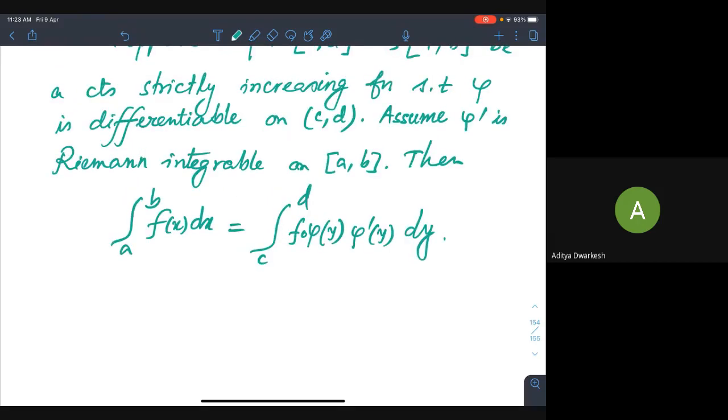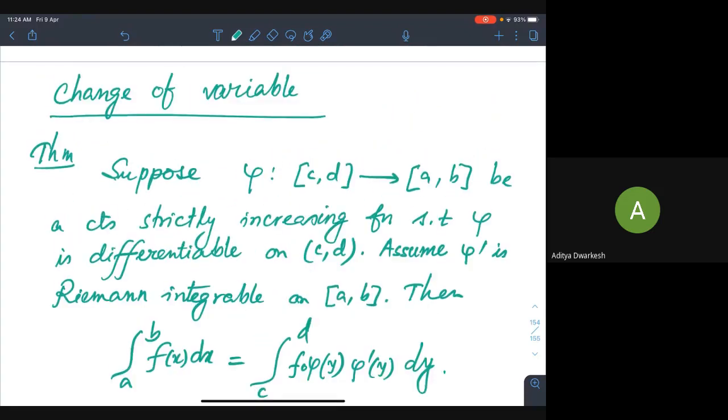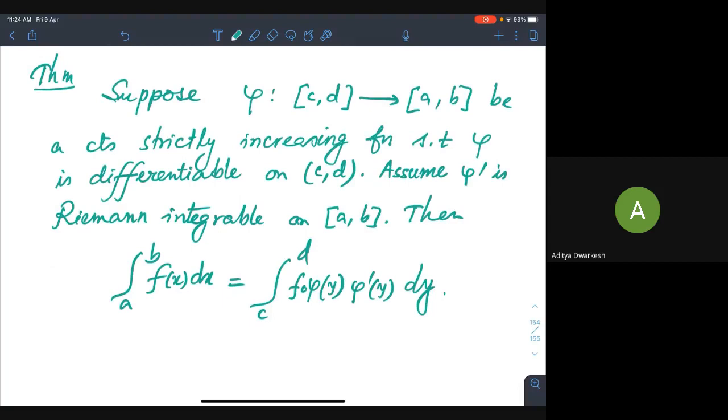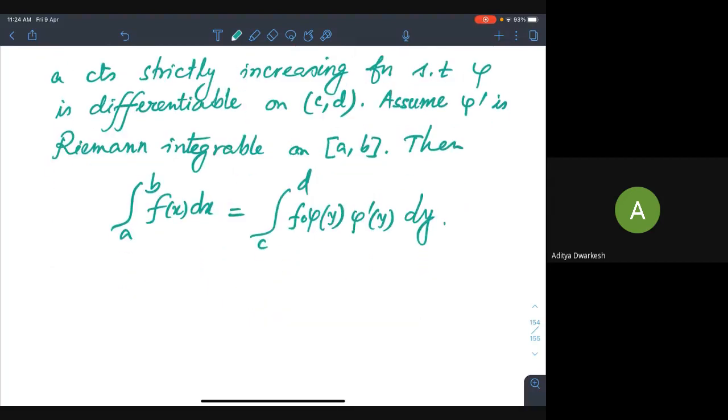Since phi is increasing, you get the partition in terms of phi, and then use the mean value theorem, and you get it.